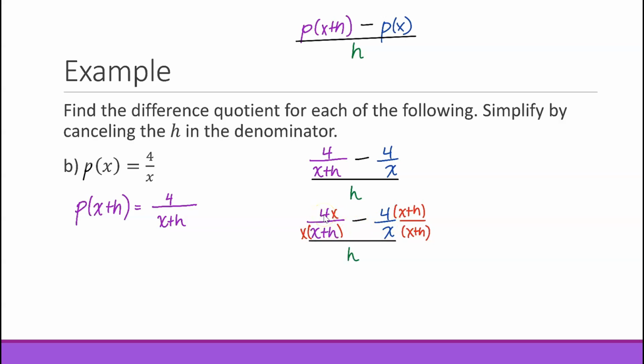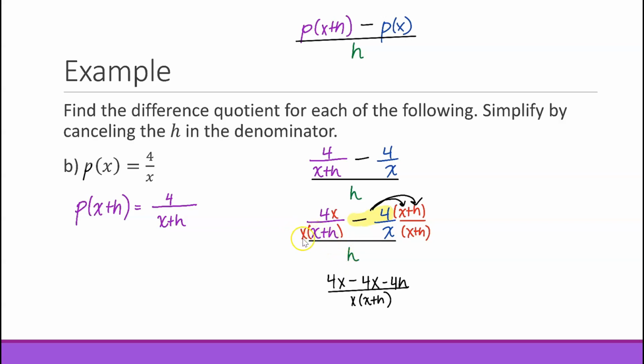So I can say this is 4x minus 4x minus 4h. So this negative 4 right here distributes to the x and distributes to the h. So we're combining the numerator, right, subtracting, so minus 4x minus 4h, and then over x times x plus h.